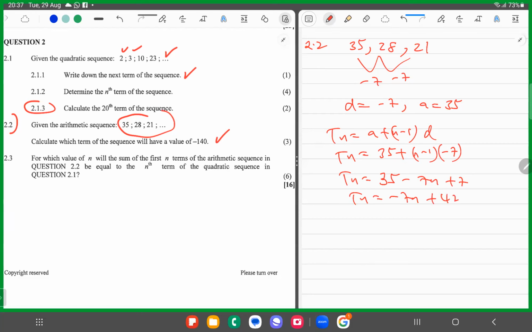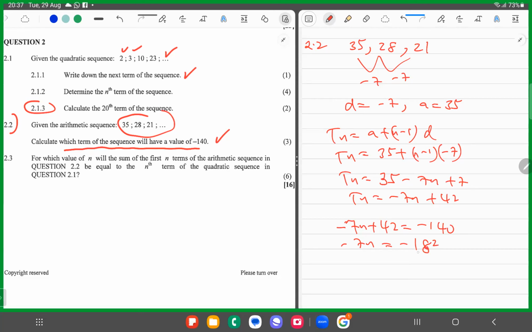Right, so calculate which term of the sequence will have the value this. So now you are saying you have minus 7n plus 42. You see, this term is going to have the value minus 140, which is minus 182.